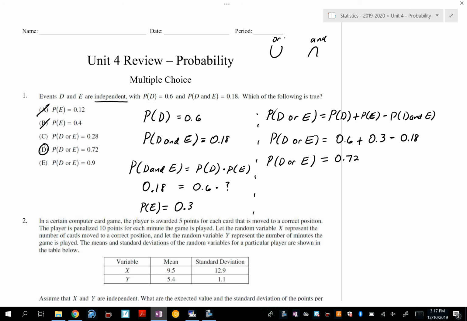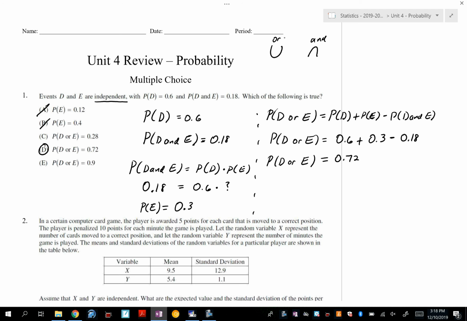So because they're not disjoint, you had to do that step? Correct. If it had said that they were disjoint, then I would not need to subtract out the probability that they're both happening, because they can't happen. It would be 0. But you would have to do both the and and the or. Well, in this problem, because it's asking you for different things in the answers, you kind of had to do all of it, right?